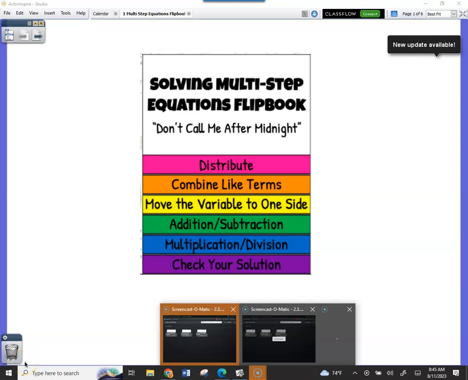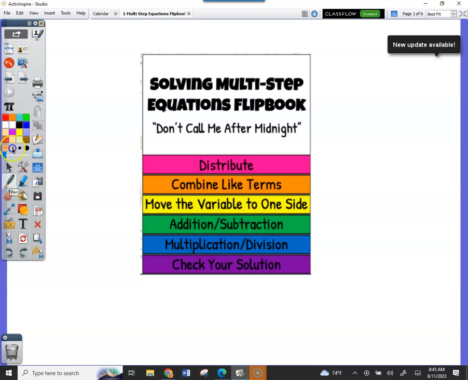You're looking at a flipbook that is designed to help you keep track of how to solve multi-step equations. And the phrase "Don't call me after midnight" - you don't have to memorize that.